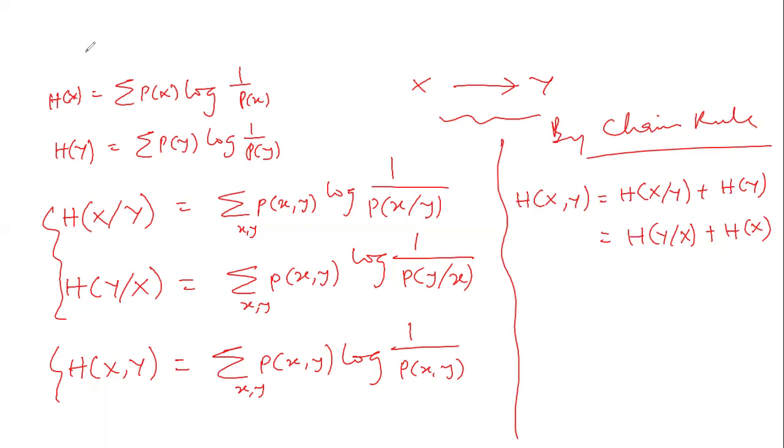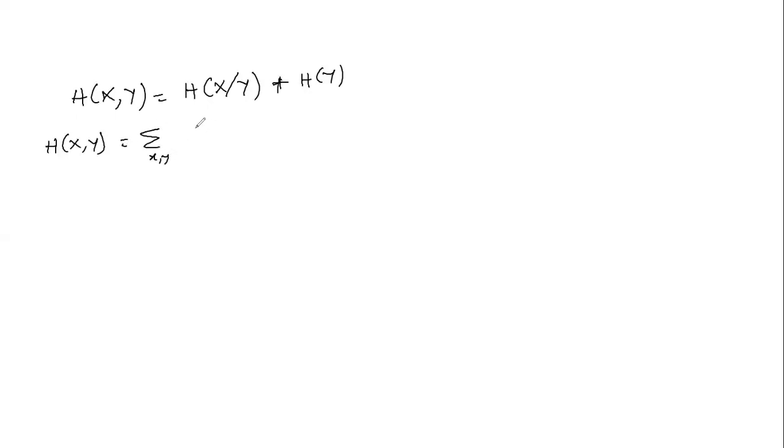Okay. So let us show that H of the joint entropy is the same as the equivocation plus the output entropy. So we already know that the joint entropy is given by sigma xy. Now, in some texts, they use double sigma notation.